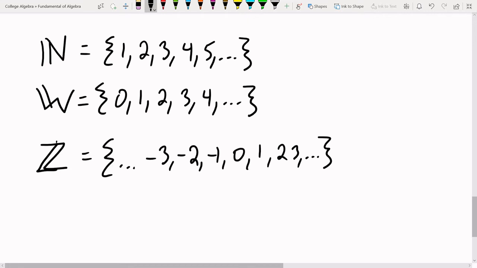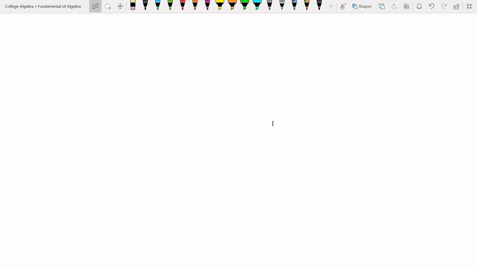Okay, the next set comes from the idea that we're working with parts of a whole number, and that is the rationals. Sorry for the cut there. I just needed to redo this section. The rational numbers are written as two integers in a fraction.